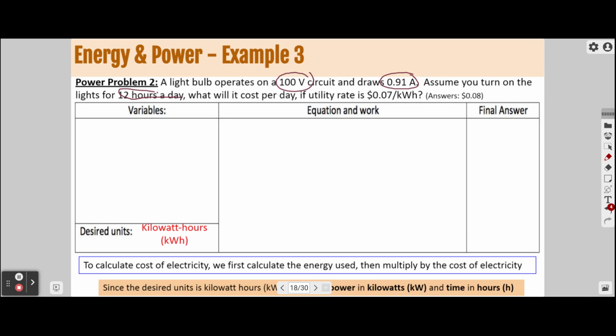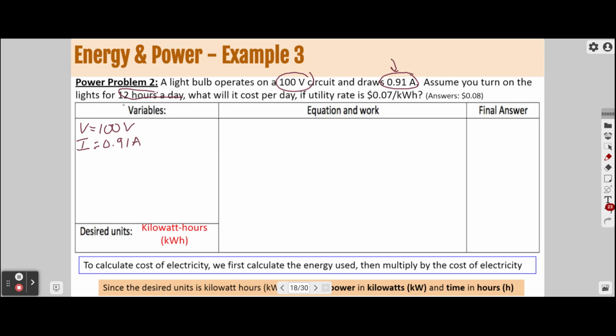So let's write down what we know. We know we have our voltage of 100 volts. We know our current, I, is equal to 0.91 amps. And then we know some other things.